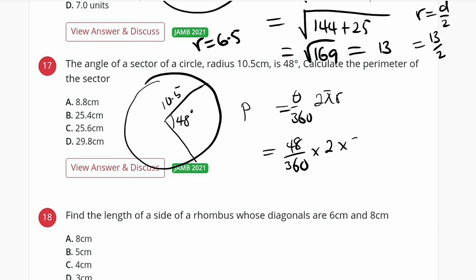In Nigeria, commonly we use 22/7. Then radius is 10.5. So I will use my calculator to multiply everything directly. We have 48 multiplied by 2, multiplied by 22, multiplied by 10.5. Then I will divide by 360, then divide by 7 again. We have 8.8 centimeters, which is option A.